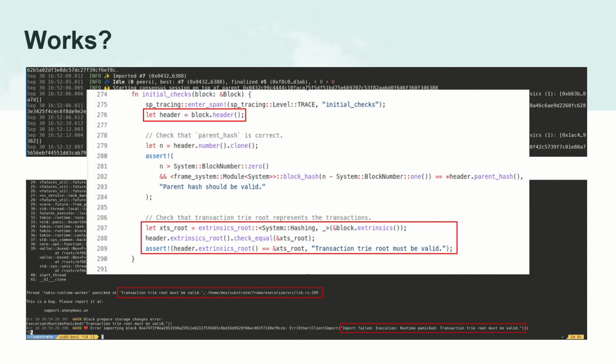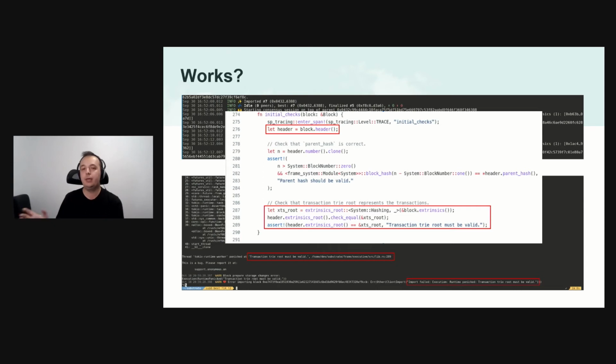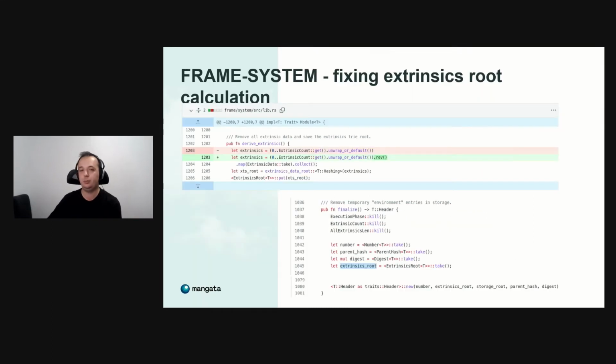By default, it keeps track of all the extrinsics that are being executed, and when one decides to finalize the block, it uses that information to calculate the checksum of all the extrinsics stored inside the block. But on our side, in the block builder, we modified the execution order, while still maintaining the original order of the transactions within the block. So that needs to be aligned.